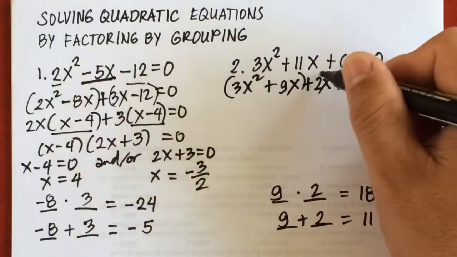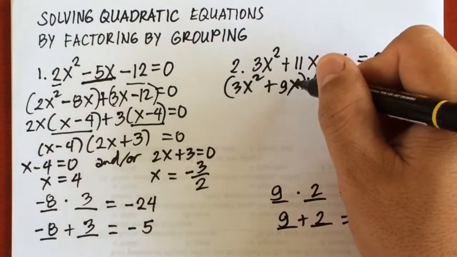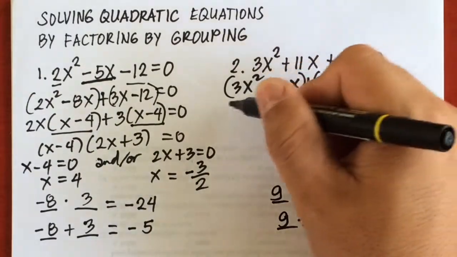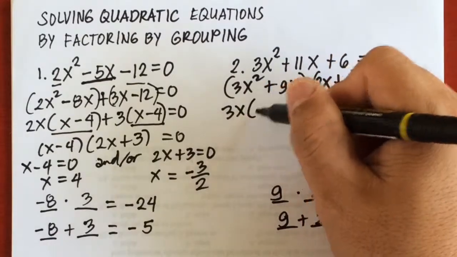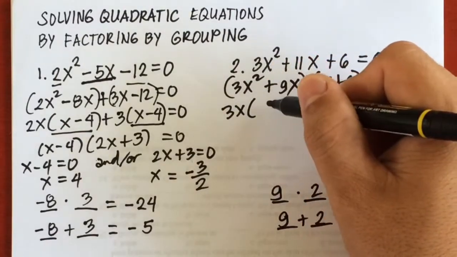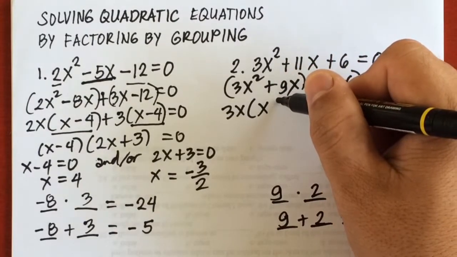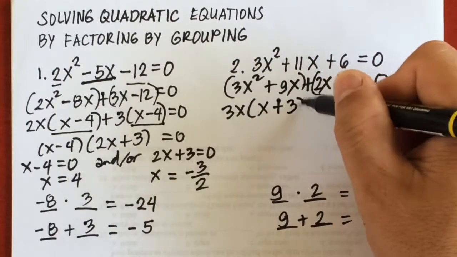So grouping the terms, we're going to have here 3x squared plus 9x and 2x plus 6. Then common here is 3x, so we're going to have 3x, then 3x squared divided by 3x is x, then 9x divided by 3x is 3, plus 3.